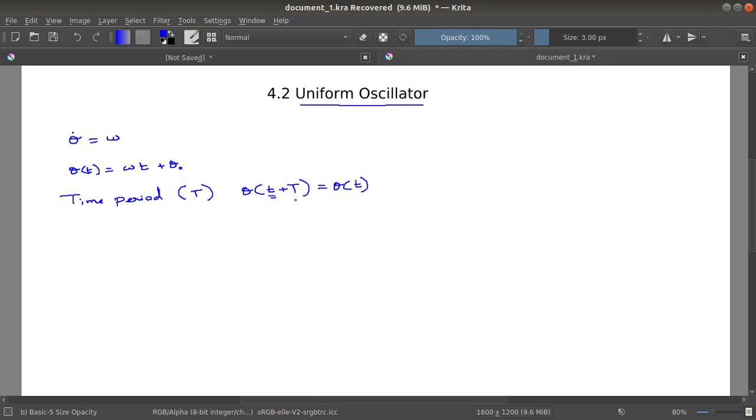Then what is this capital T? That's what the time period is. So for this equation, what is the time period?